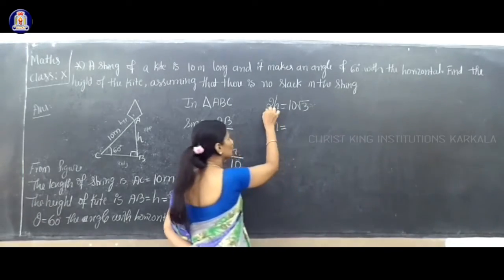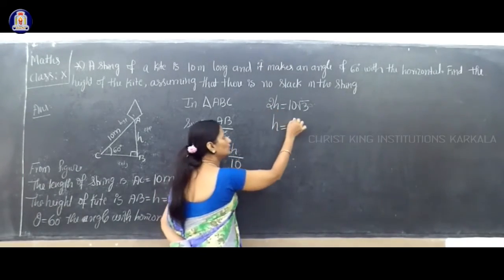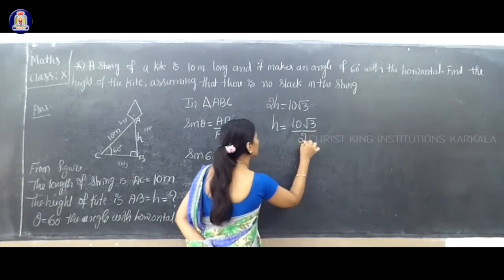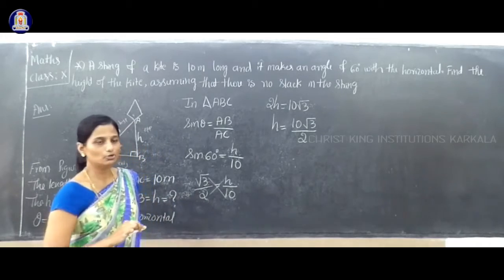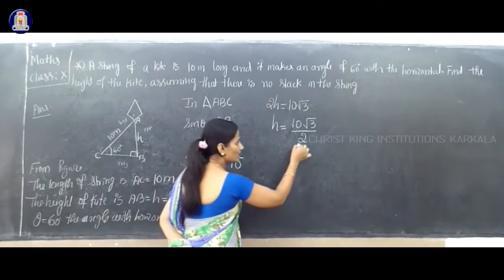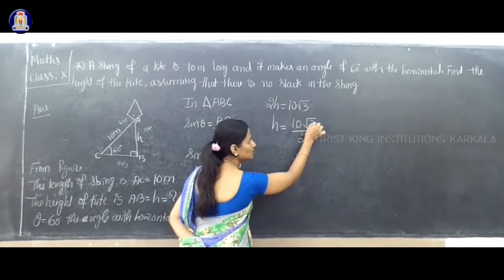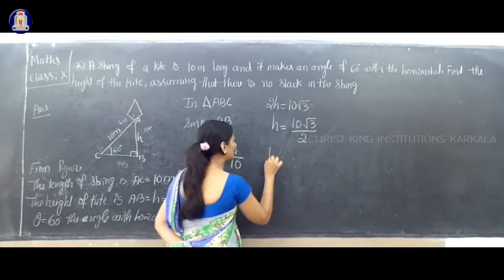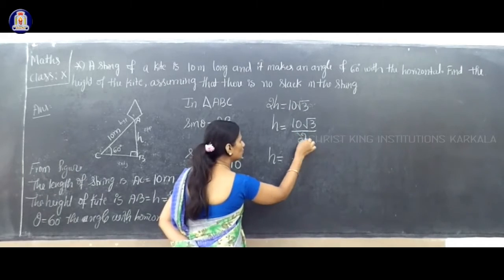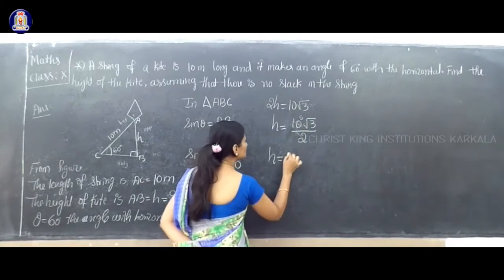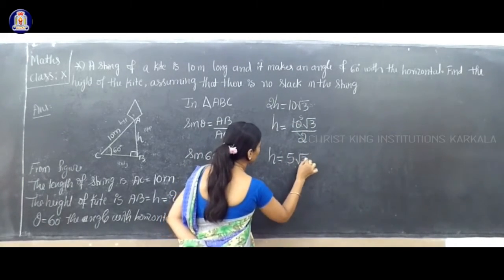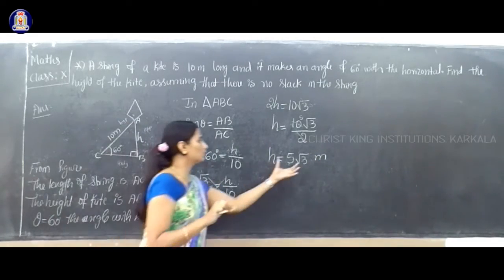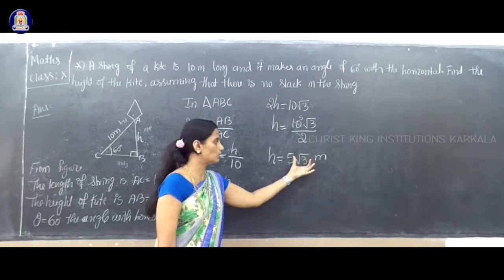Therefore h is equal to 10 root 3 divided by 2. Is it possible to cancel 2 with this 3? No. But we can cancel 2 with this 10. 2 ones are 2, 2 fives are 10. So the answer is 5 root 3 meters. The value of root 3 is not given, so don't substitute.